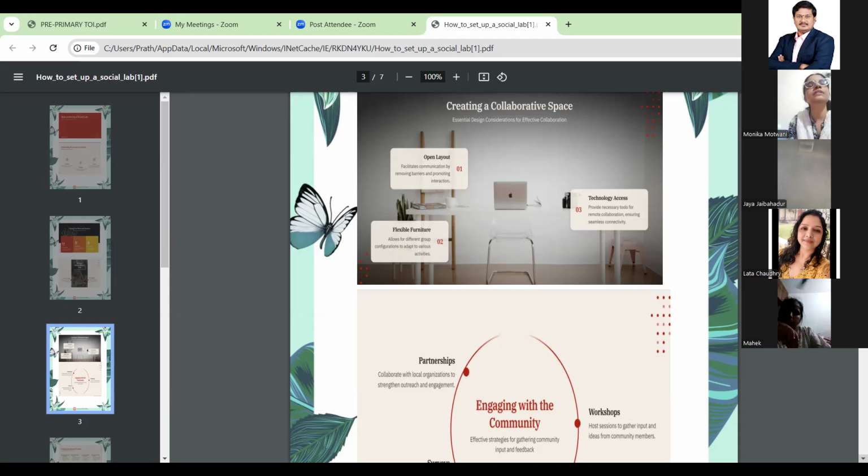The third one is technology access. Provide necessary tools for remote collaboration, ensuring seamless connectivity. Whenever we are working in a social lab, certain apps are introduced. Why are these apps essential? These apps are essential for all the people who are engaged in the testing process, the research process, and in communication also.